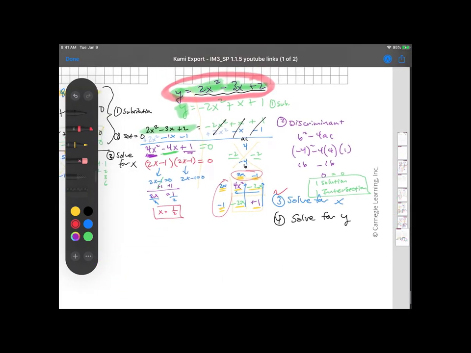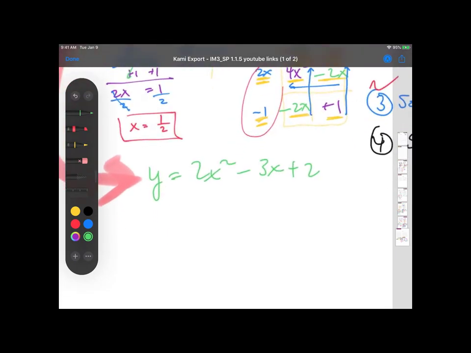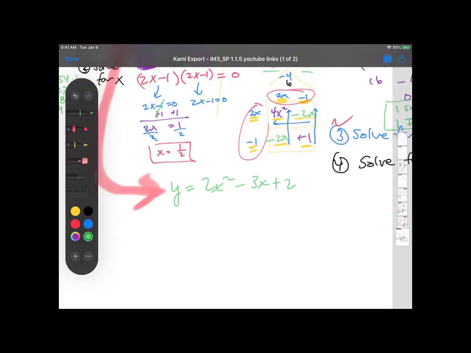The a value is positive. Why? Because students usually mess up. So let's write that. y equals 2x squared minus 3x plus 2. Let's transform that to function notation. Okay, don't be scared now. Let's write this as function notation. Did you see every time there's an x, I'm writing parentheses?